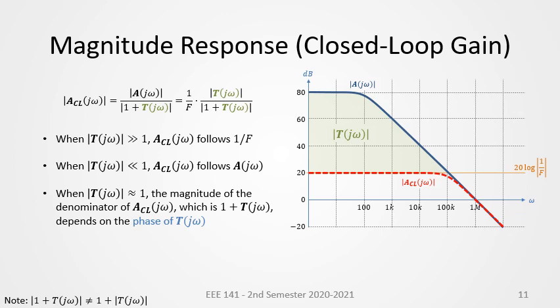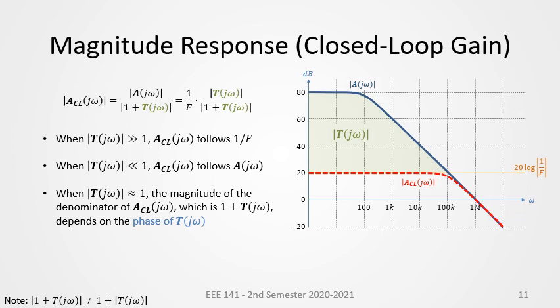The magnitude of the denominator, 1 plus T of j omega, the whole thing here, now depends on the phase of T of j omega. It is now important to note that we are concerned with the magnitude of 1 plus T of j omega, and not 1 plus the magnitude of T of j omega. So the two are different things.